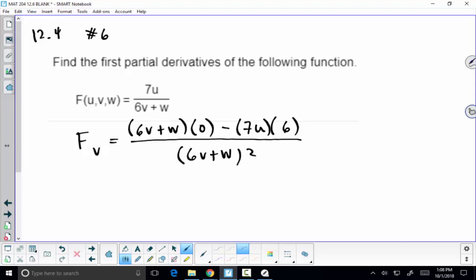So this part all goes away, and we're left with minus 42u divided by 6v plus w quantity squared.